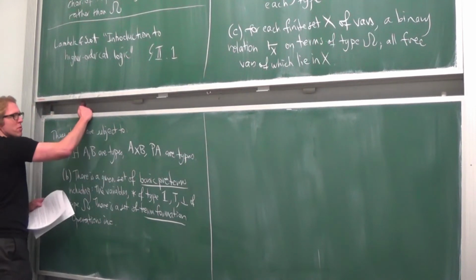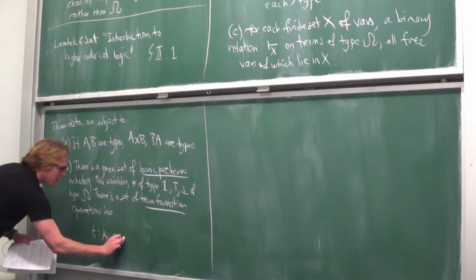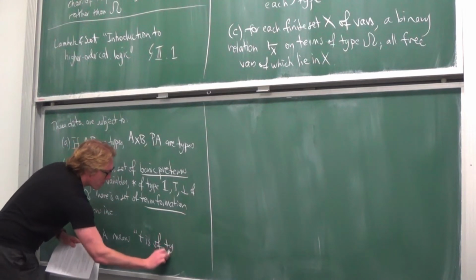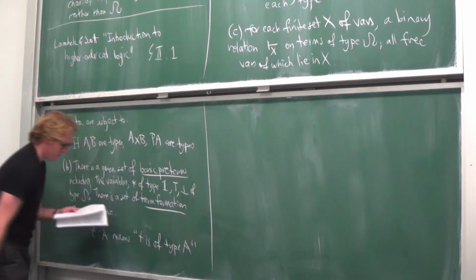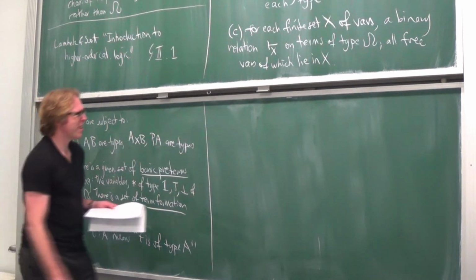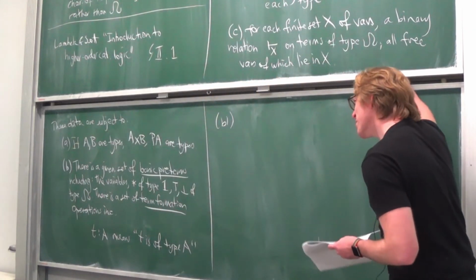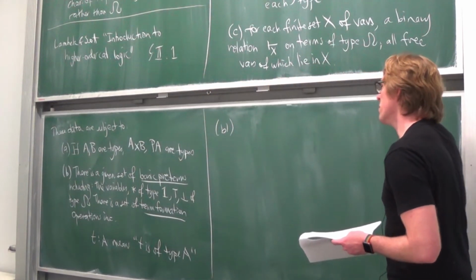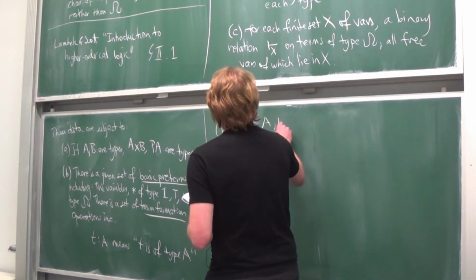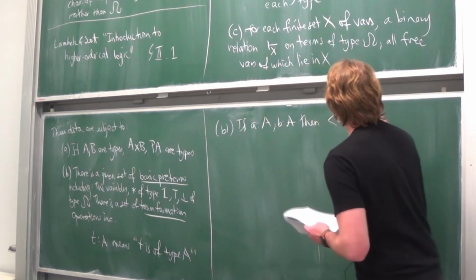So as usual, I'm going to write T colon A to mean T is a preterm of type A. Okay, so variables are preterms, star is a preterm, true and false are preterms. Okay, so we can form pairs.